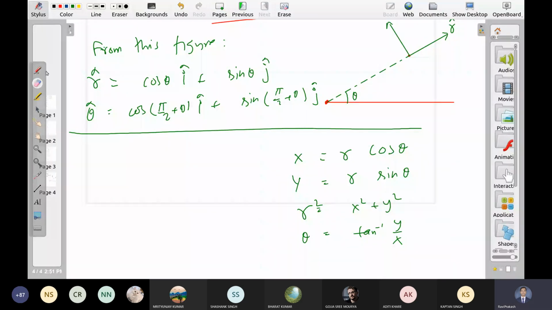It is quite clear that gradient of any function of theta is equal to some function here, let us say f of theta. What is the direction?